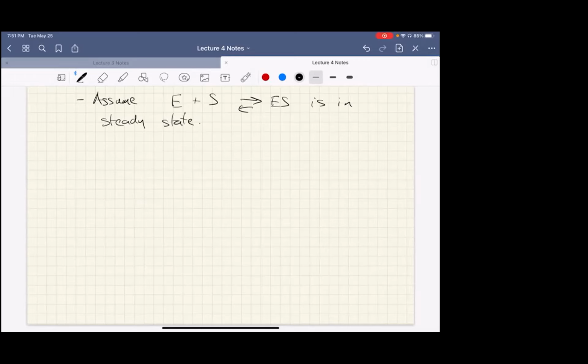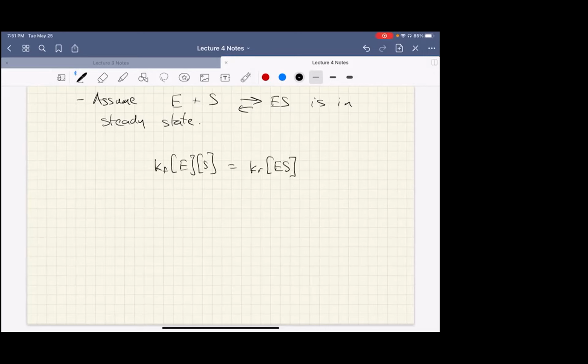Now, we already established what that means when we solved the last set of equations. Now we can't go for the eigenvalues here because it's nonlinear. But what we can say is that the forward rate going this way has to be the same as the backward rate going this way. The forward rate is Kf E S, and the backward rate is Kr of the product ES.